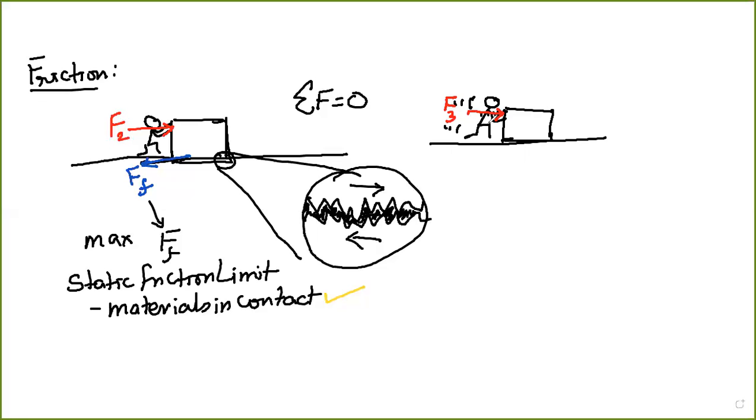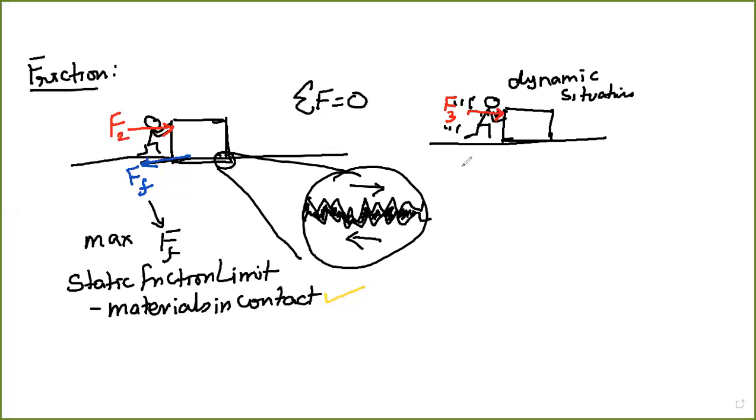Okay, the force that is required to keep it moving is going to be lesser than the amount of static friction. So this is a dynamic situation where the object is already moving.